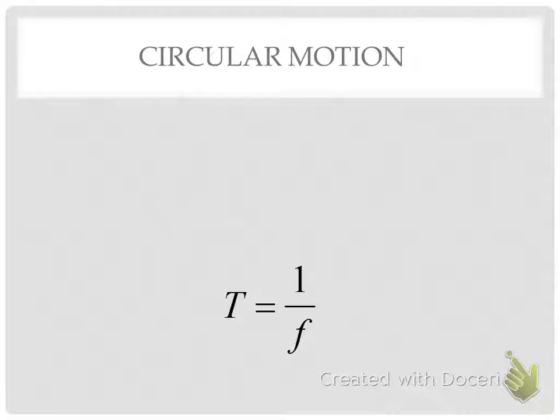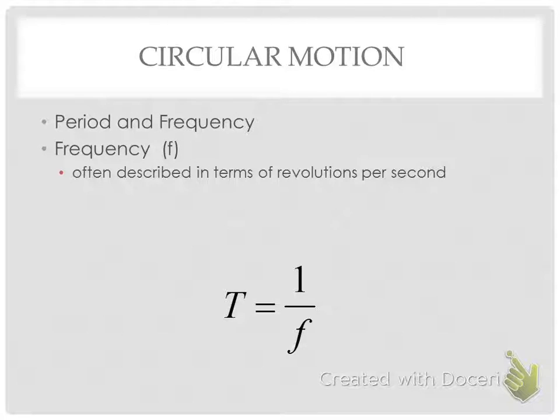All right. So we're going to start talking about something called period and frequency. Frequency first. I'll give you what this equation means in just a second, so don't worry about that right now. Frequency is described in terms of how many revolutions are made per second.